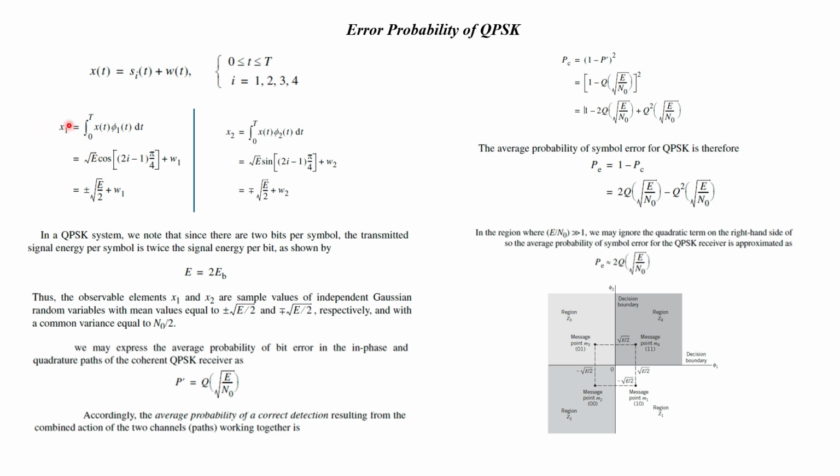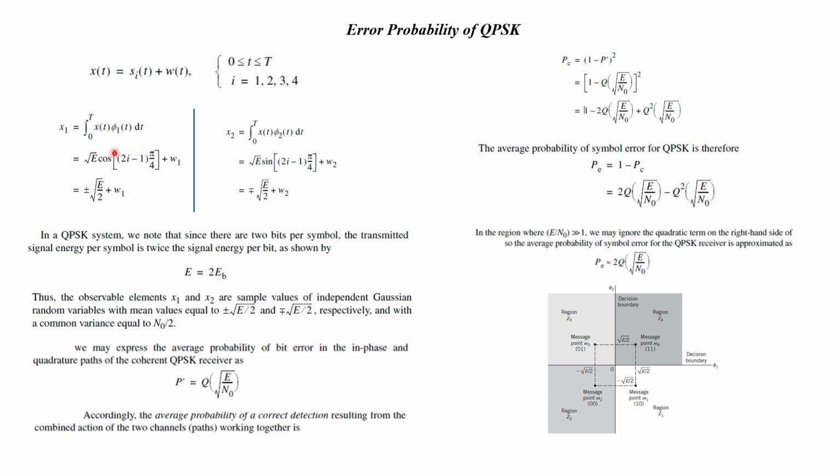The expression for the value of the random variable x1 is given by multiplying the received signal with the orthonormal basis function, or the carrier function, whatever we have used at the transmitter. Substituting x of t and using the orthonormal property here, we get the expression square root of E cos((2i minus 1) pi by 4) plus w1.